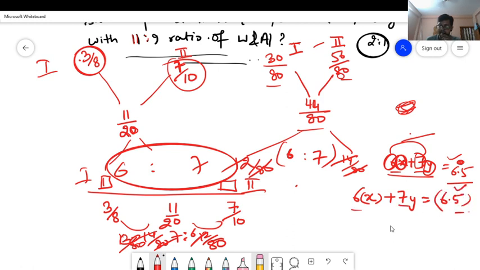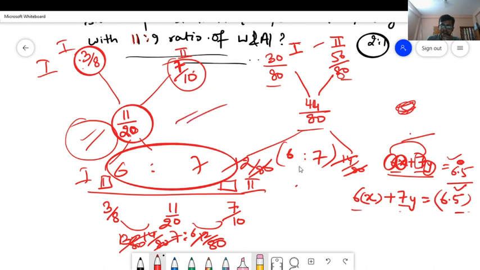I have taken the water concentration in the final mixture, in the first mixture, and in the second mixture. Got it? For that we have found this method, to find the values of x and y.